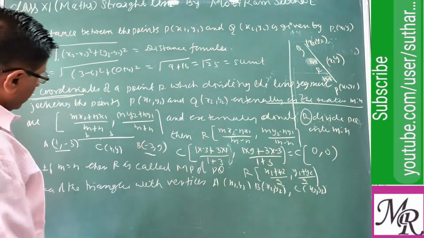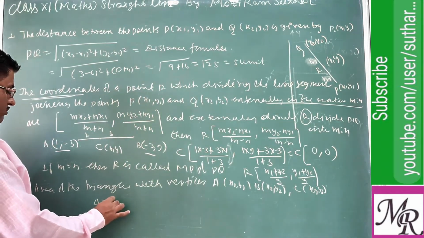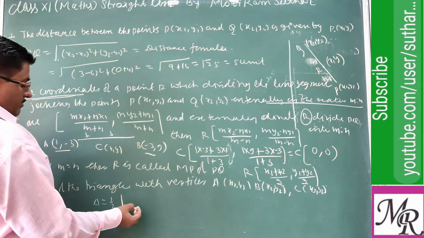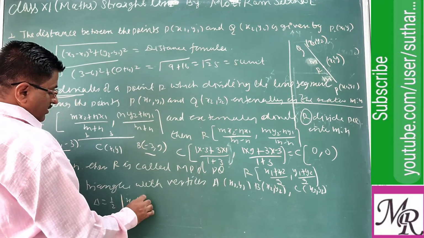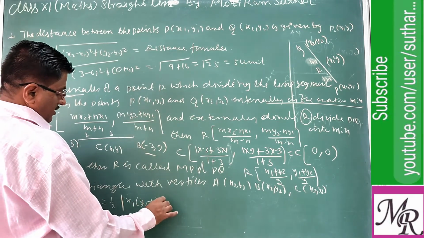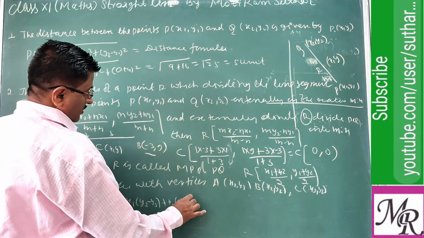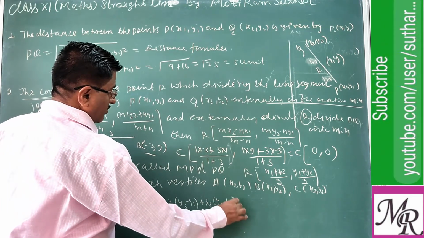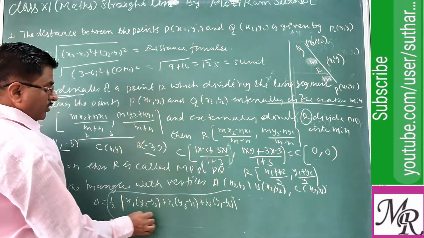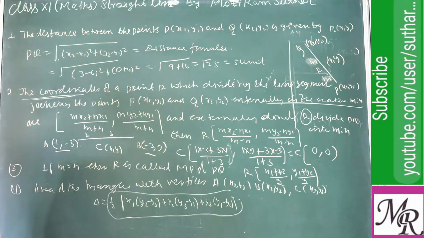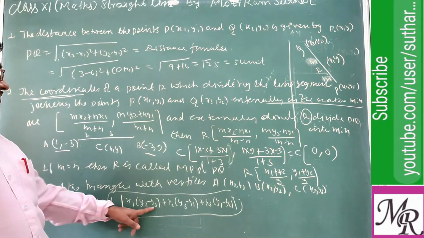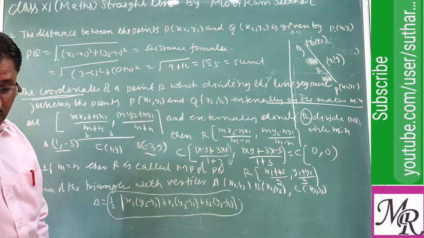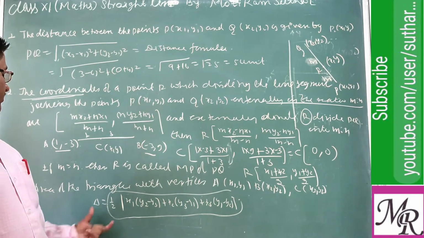So we use the formula: area equals 1 by 2 mod of the value inside the mod, that may be positive or negative, but we have to convert it. So x1 into y2 minus y3, plus x2 into y3 minus y1, plus x3 into y1 minus y2. So this is the formula for finding the area of a triangle. By using this we find the area.